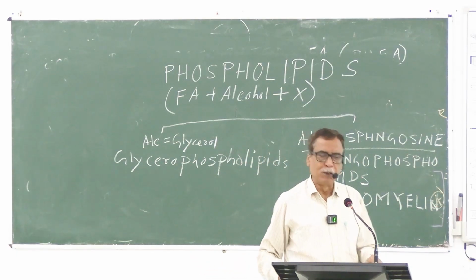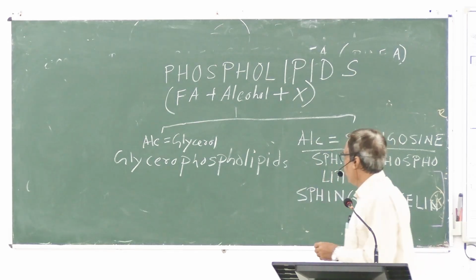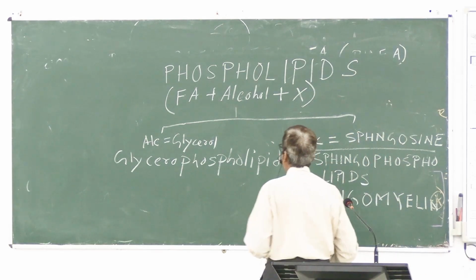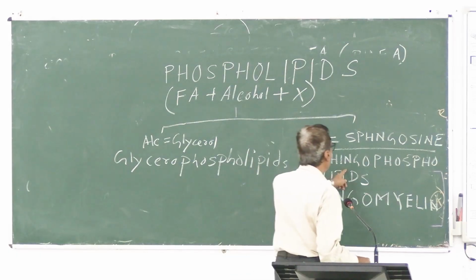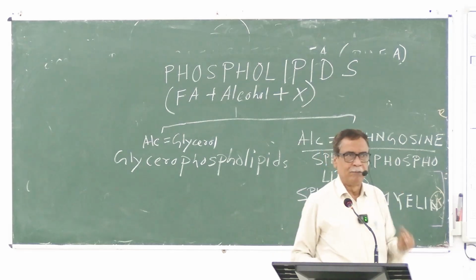Sphingomyelin is called sphingophospholipid, or it may be called sphingolipid. So there are two types of phospholipids, glycerophospholipids and sphingophospholipids. Both types are present in the cell membrane.